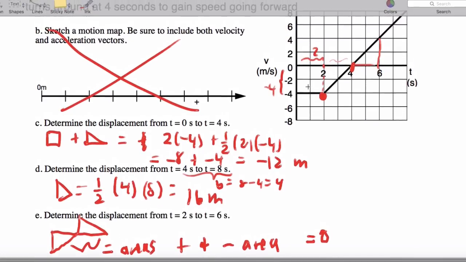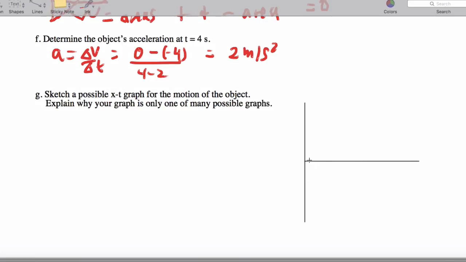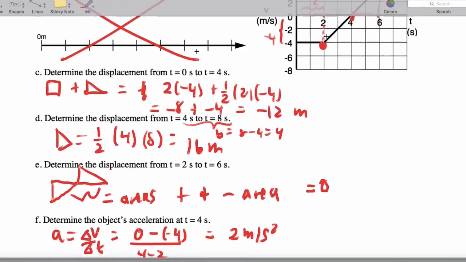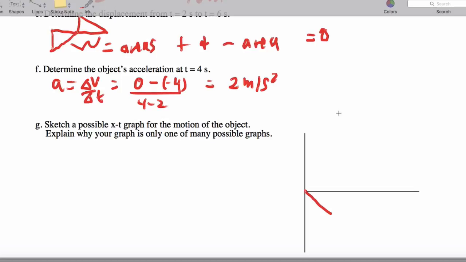And now a possible x versus t graph, I would go forwards like this, backwards like this for a couple seconds, and then I'm going to continue going backwards. I'm going to make this a little bit steeper. So I'm going to go backwards like this, and then my speed is going to level off to 0.